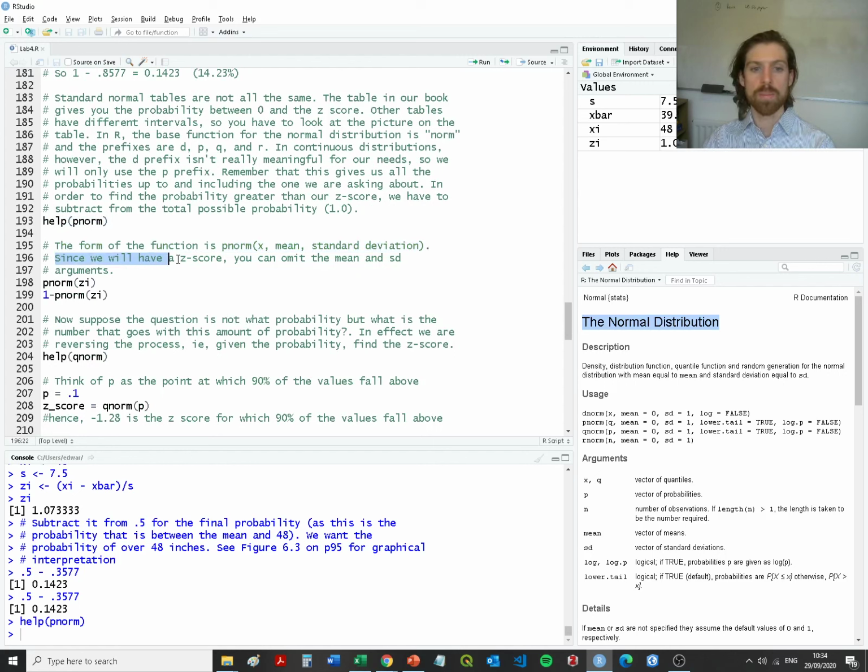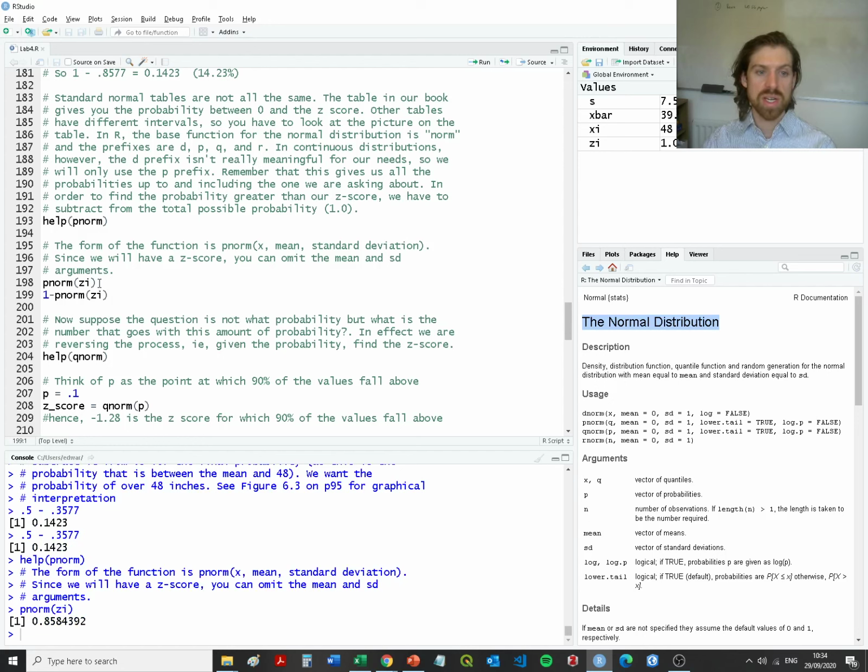Since we have a z-score, we don't need to provide the function with the mean or the standard deviation. We can get the percentage of values that fall above or below just by providing the z-score to this one function.